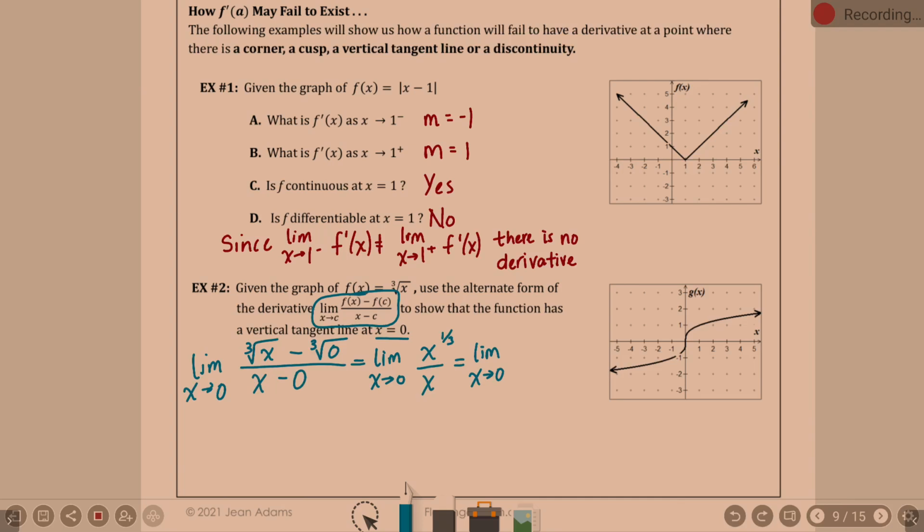And where do you put a negative exponent? Wherever it wasn't. 1/3 minus 1 is negative 2/3, so I'm not going to leave this as x to the negative 2/3, what I'm going to write is 1 over x to the 2/3. I like to think, if there's 1/3 on top and 1 on bottom, there are more x's on bottom, so it's going to have to go on bottom.